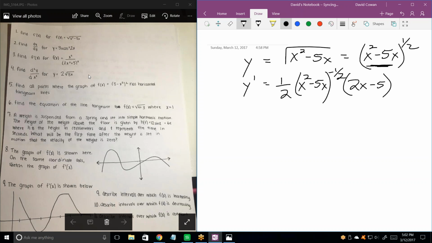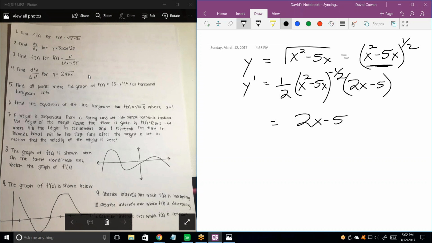And then, are they satisfied with this answer, or do they always want positive exponents? Do they want radical signs back in the thing? I think he wants, when it starts with a radical sign, he wants it to end with a radical sign. Okay. Tell me what to write. So what's in the numerator? 2x minus 5.